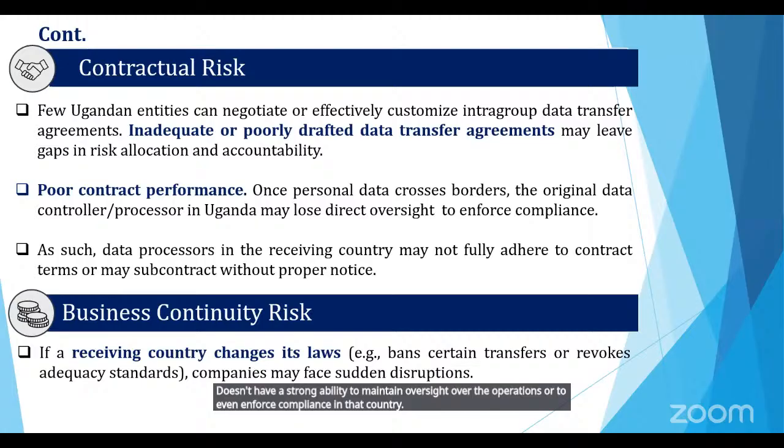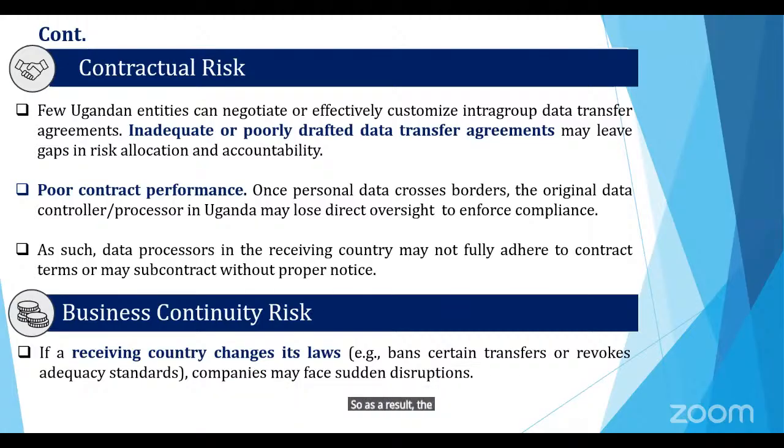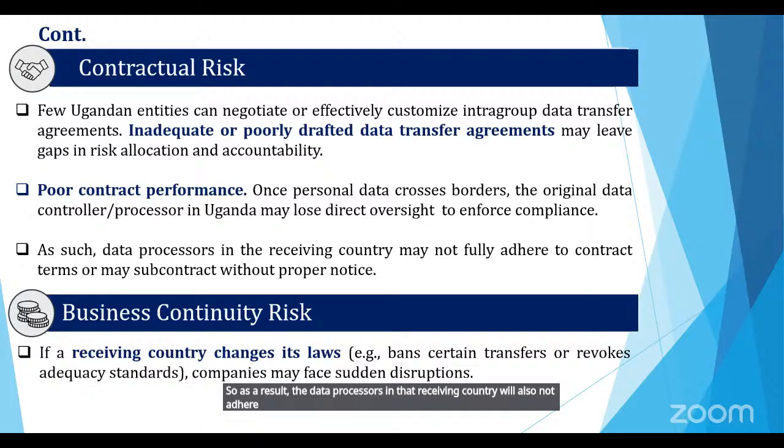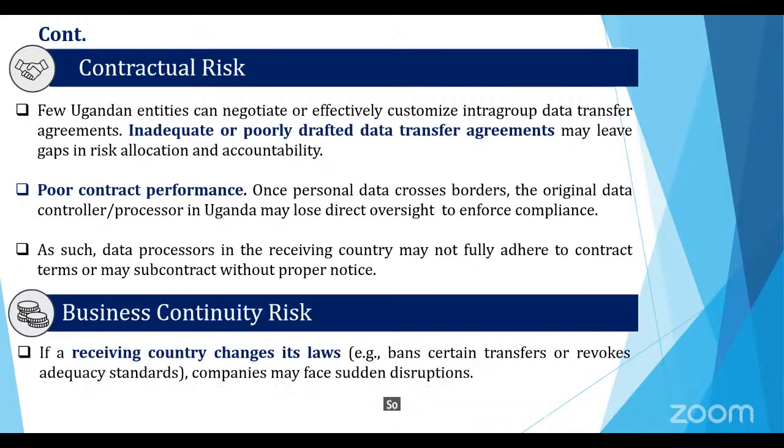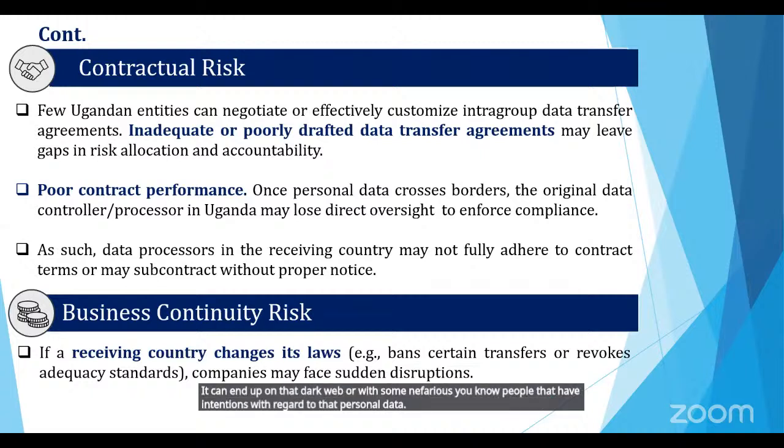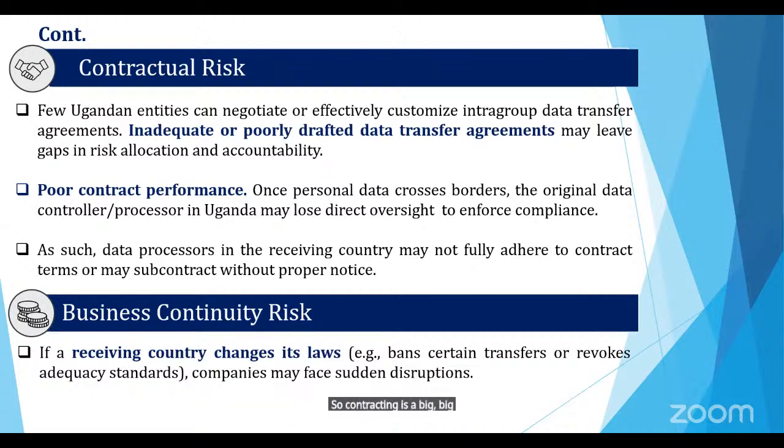So as a result, the data processors in that receiving country may not adhere to the contractual terms, and they may even start to subcontract some of their obligations without properly notifying the Ugandan entity. So the information is going to change hands. It can end up on the dark web or with some nefarious people that have negative intentions with regard to that personal data. So contracting is a big, big one that we all have to look out for.